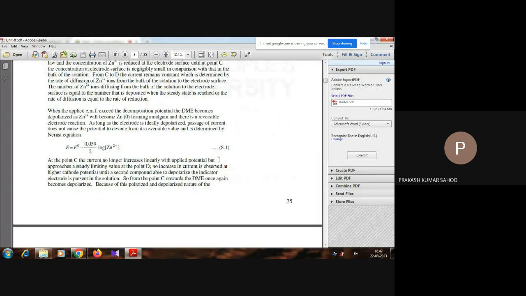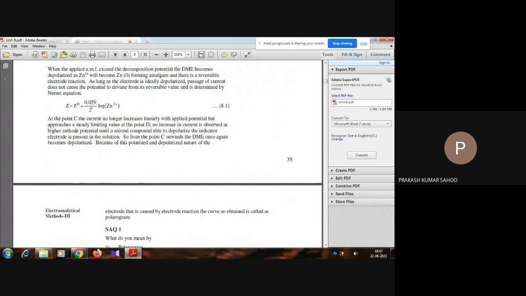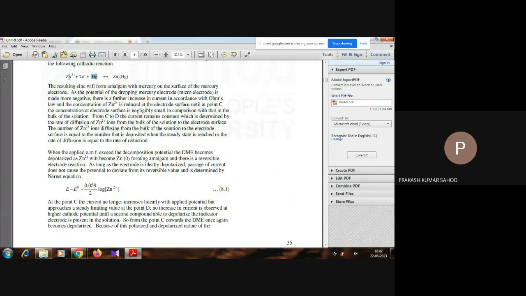Then the Nernst equation is also applied here. If I put a positive sign, it is reactant by product, and if it is negative, then product by reactant.